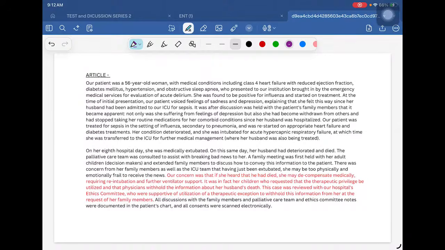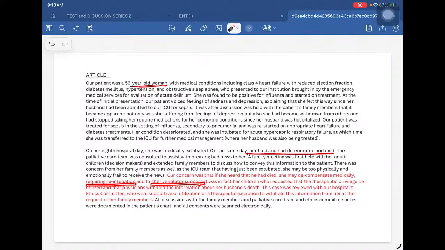Okay, so you can just go through this article after the class, but pretty much what is happening is there's a woman who's admitted in the hospital. She's having multiple comorbidities and disorders, and her husband died in the hospital while she was also being treated for multiple cases. If the doctor team were to inform her that her husband has died, then she may decompensate medically, requiring reintubation and further ventilator support.